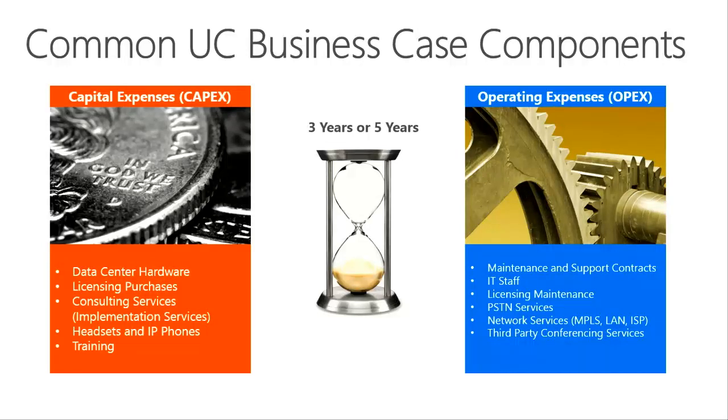There may be a blend of CapEx, OpEx, and it can get a little bit confusing, but the basis of it is that capital expenses are what you buy to put something in, and operating is what it costs for you to run. It's like maintenance on your car. You buy the car, and then you're paying for all the oil changes. And on the slide here, you'll see some examples of what that looks like as far as Lync goes.